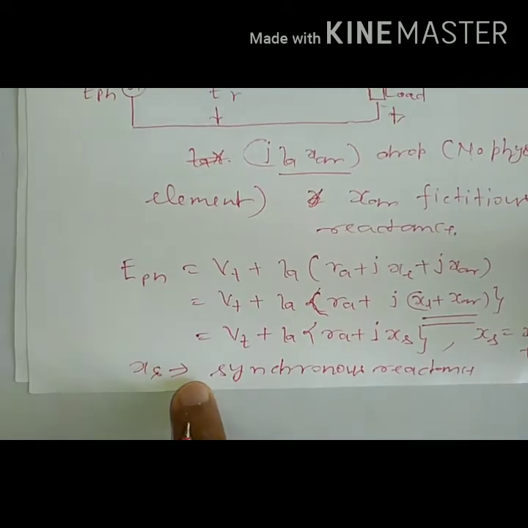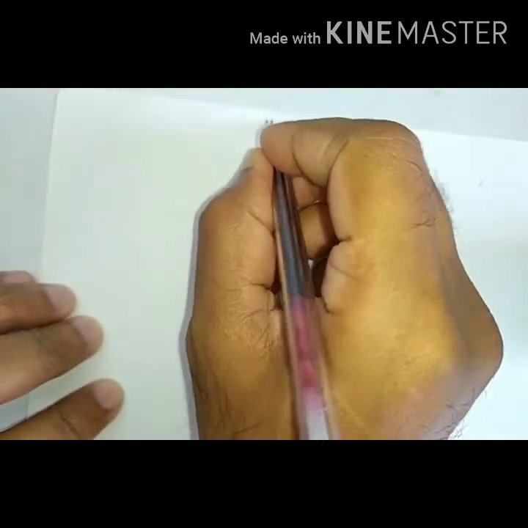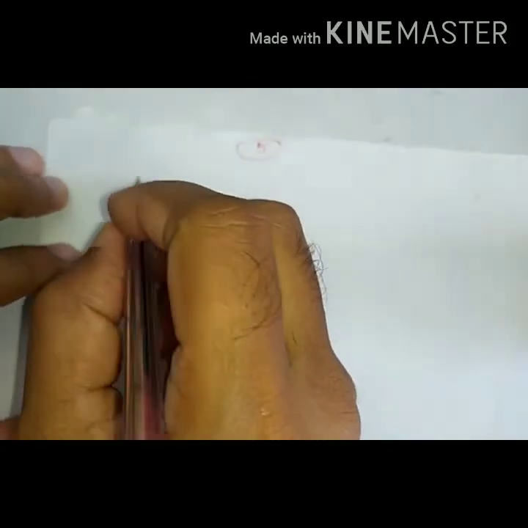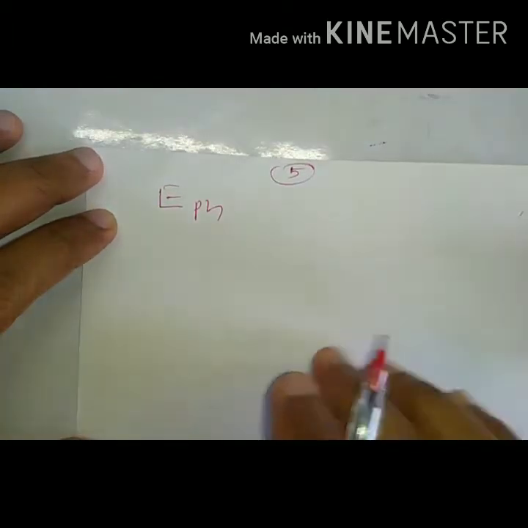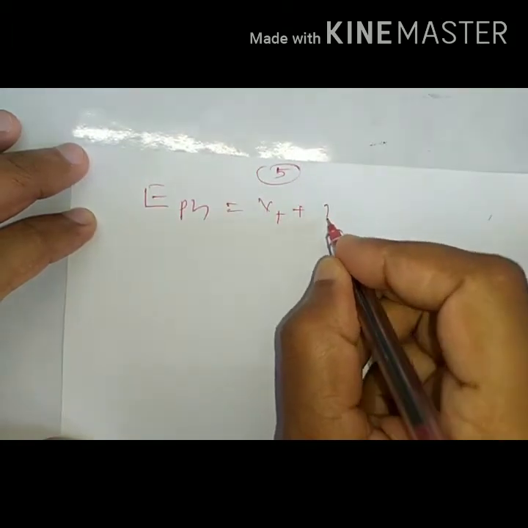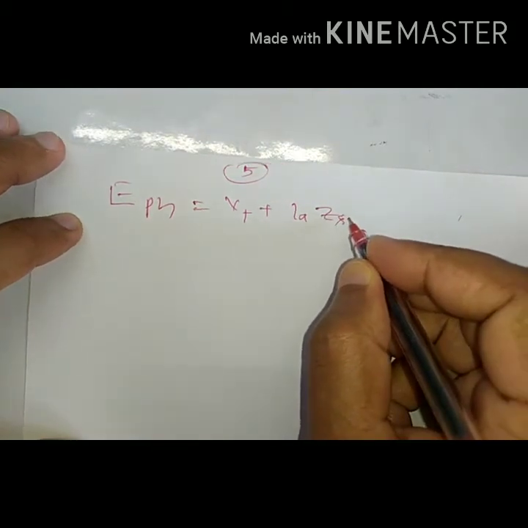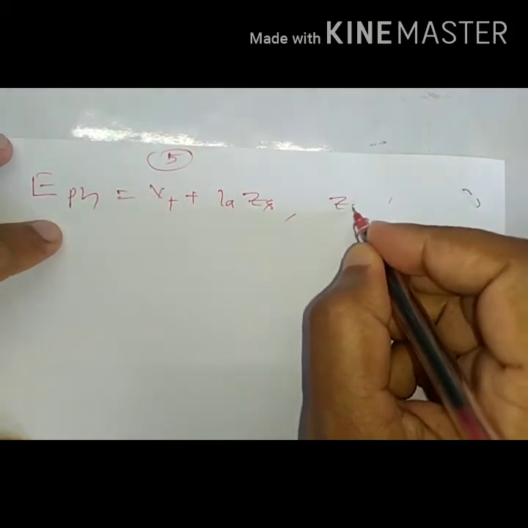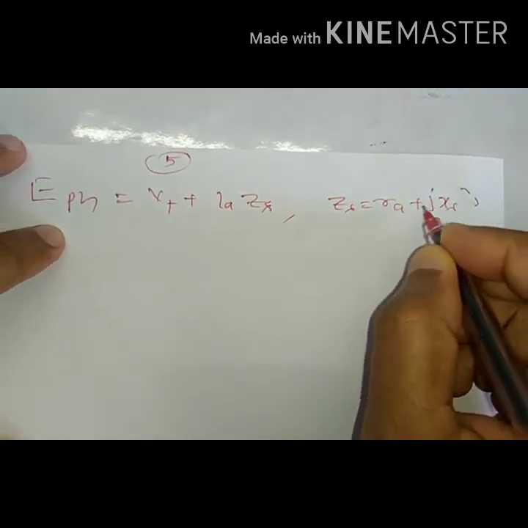Further, if I want to write the EMF equation, it is EPH equal to Vt plus Ia into Zs, where Zs is Ra plus JXS.